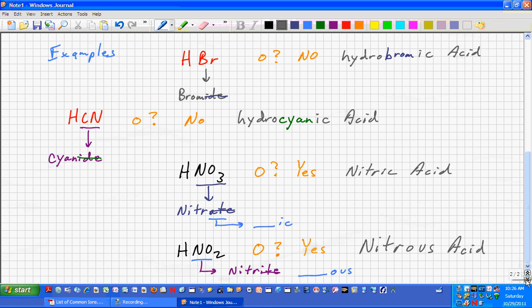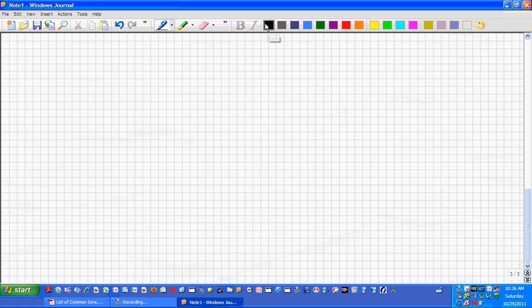Let's do one with one of the exceptions. Let's say we had something like H2SO4. Again, oxygen, yes. We're going to look at this anion here. This guy is the sulfate ion.